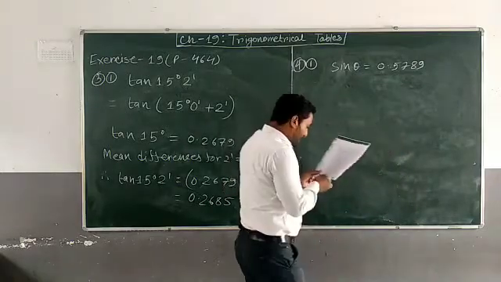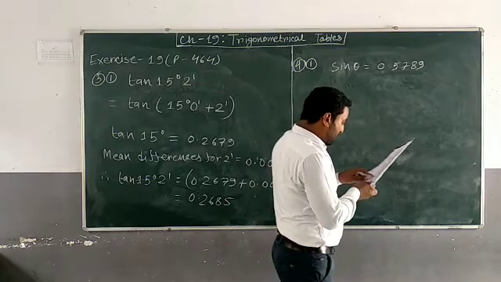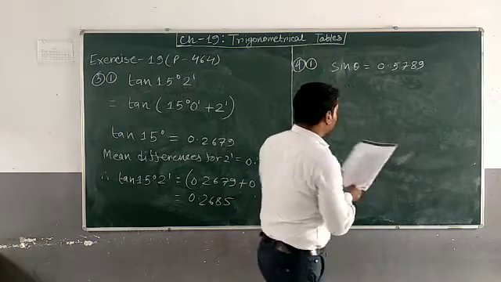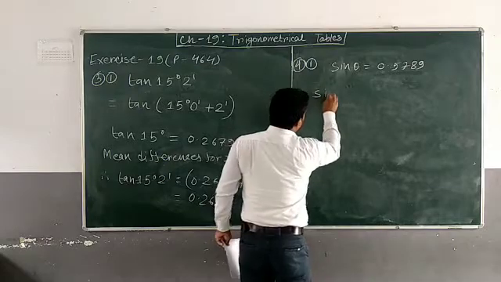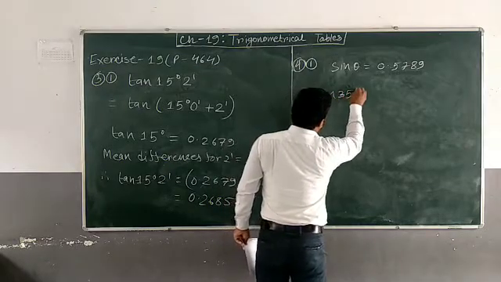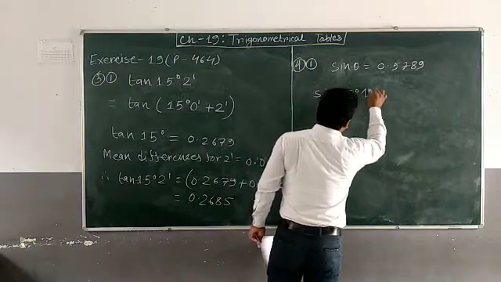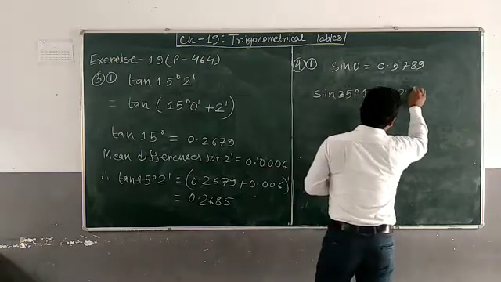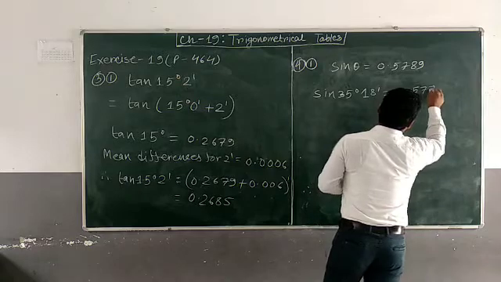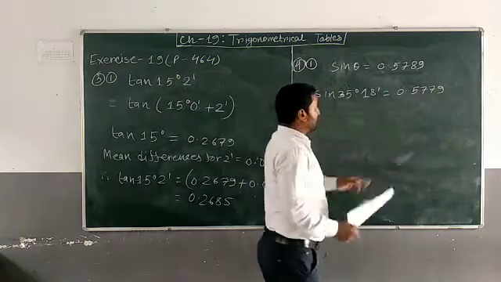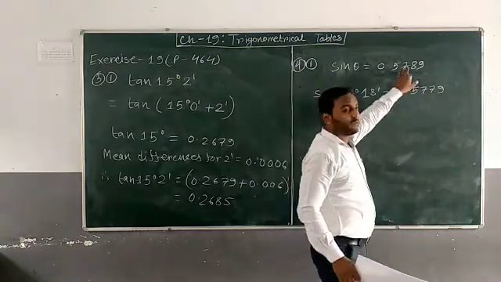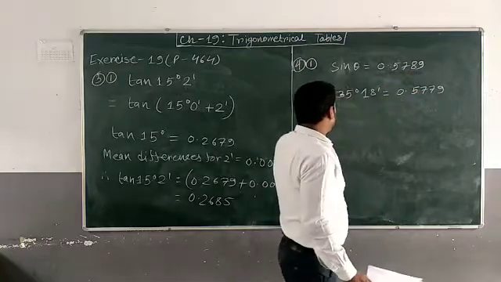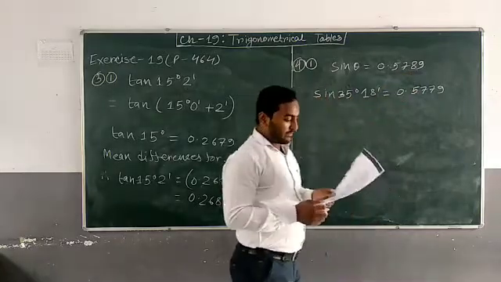That is the value of 35 degree 18 minutes. So sin 35 degree 18 minutes is equal to 0.5779. So this is the nearest preceding value of this one.